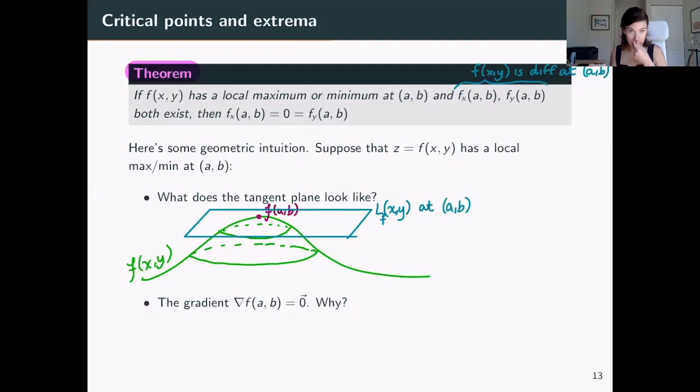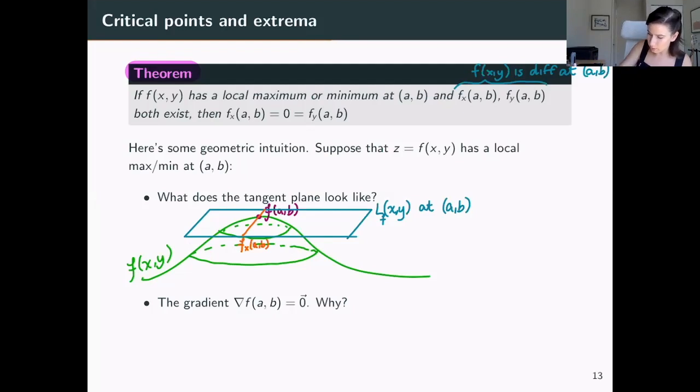And in this image with the tangent plane, remember that the tangent plane is defined by using the partial derivative of f with respect to x and the partial derivative of f with respect to y. And we can draw what each of those look like. So we would have in the x direction, here could be my f sub x of (a, b).